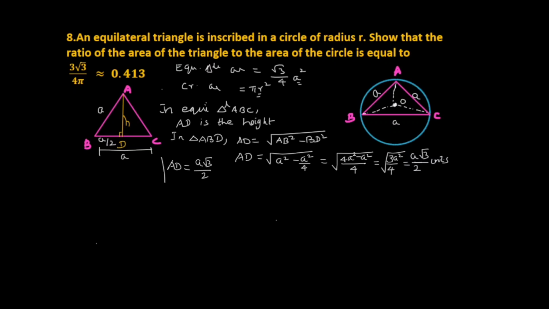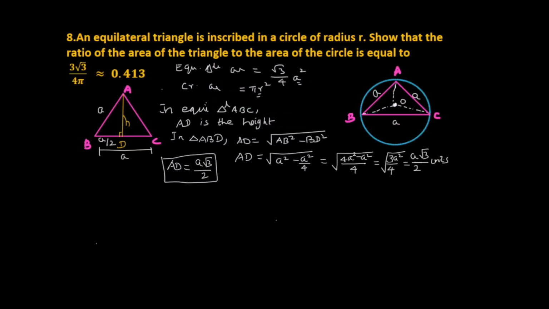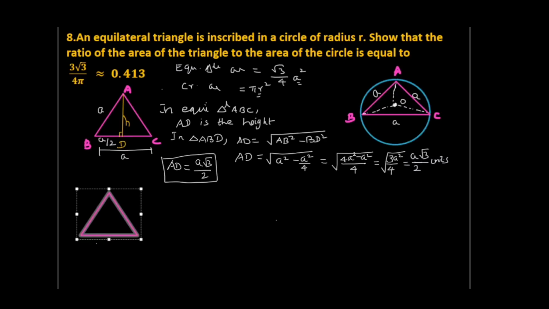So here we got AD is equal to a root 3 by 2 units. Remember this. Now the same equilateral triangle again we are going to take, and find the median. The triangle which is inside the circle, again we are taking separately.